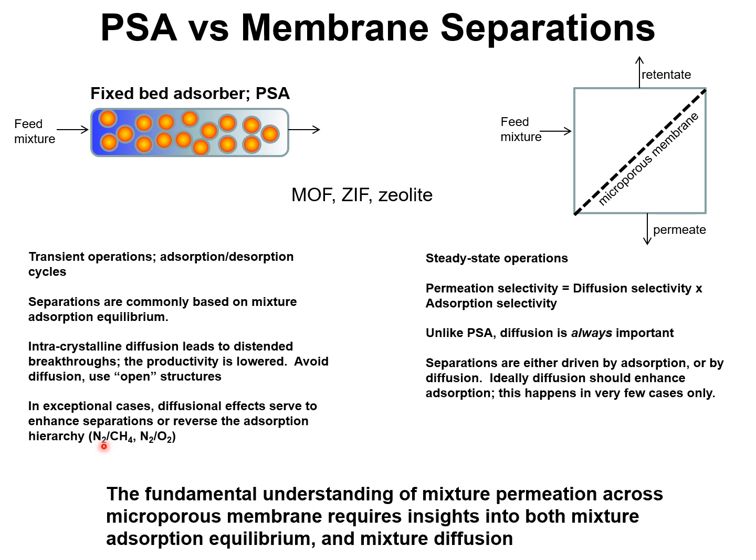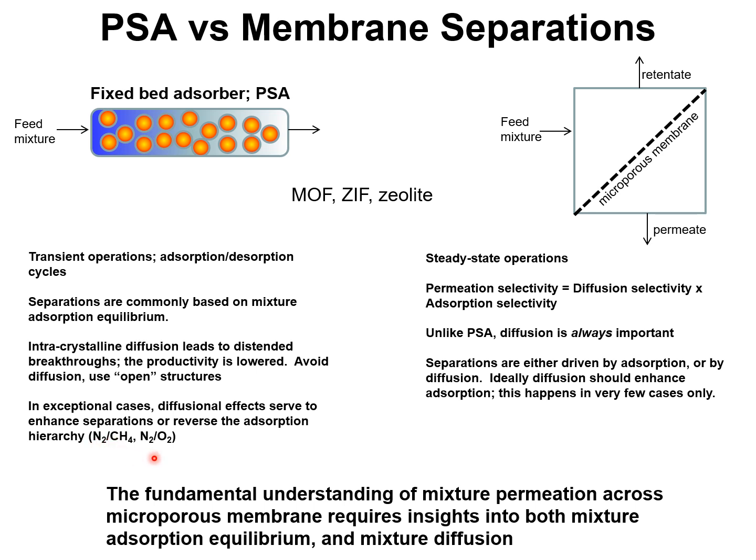The only way to do that is to rely on kinetic separations, in which the pencil-like nitrogen molecule is able to diffuse inside the pores about a factor 20 to perhaps even 100 or 200 faster than methane.